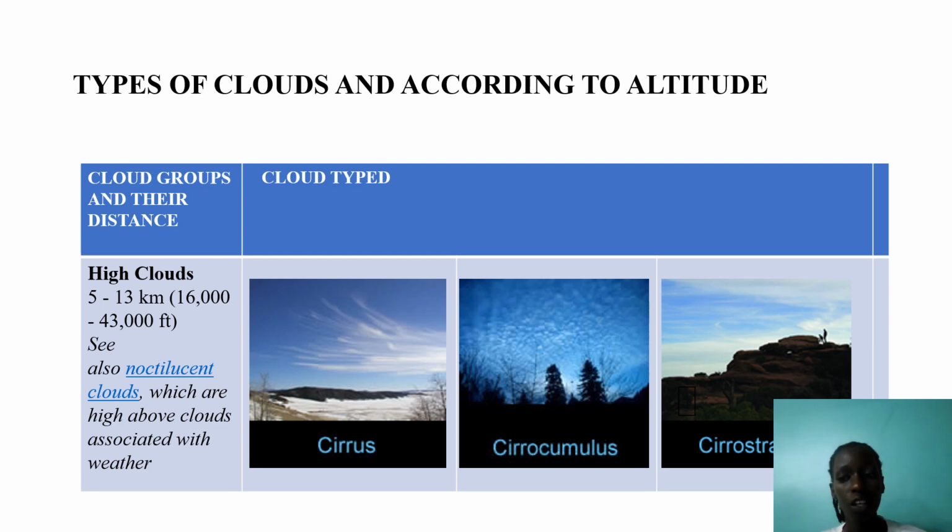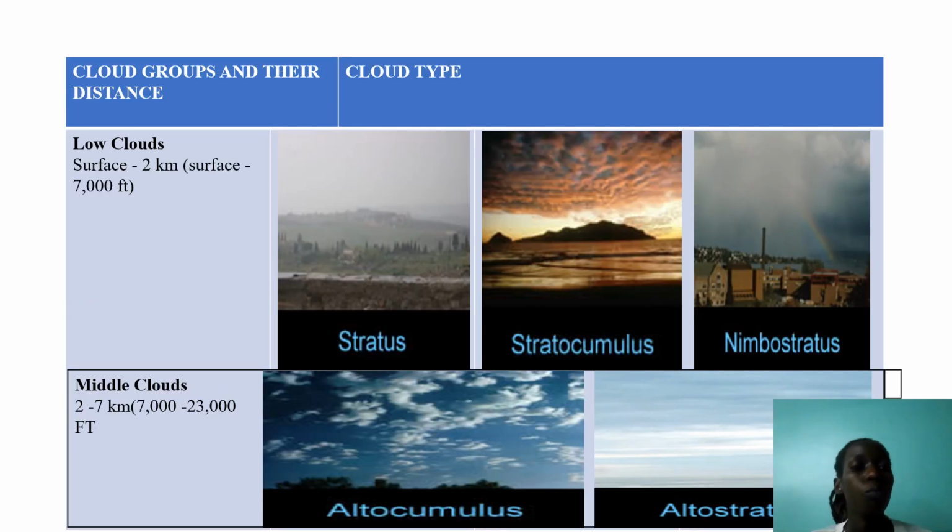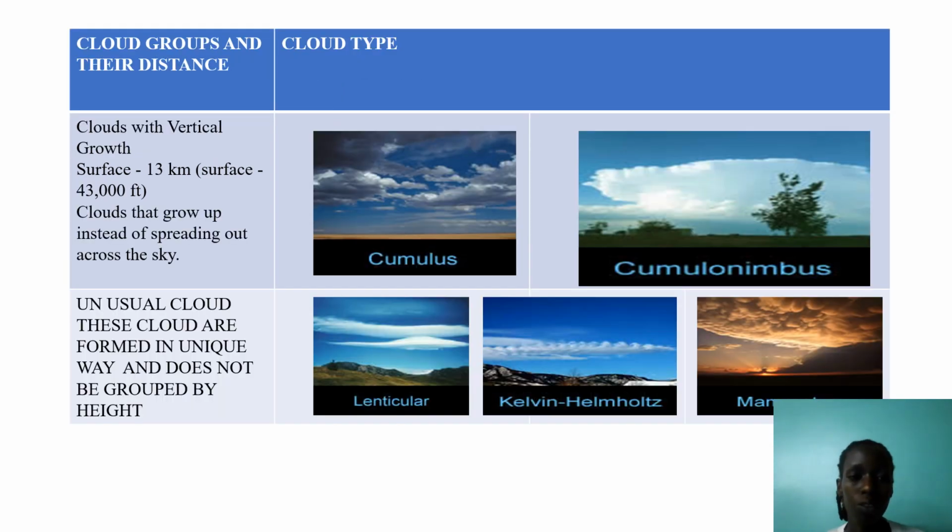The low clouds range from 2 kilometers down to the Earth's surface. They include stratus clouds, stratocumulus clouds, and nimbus clouds. The middle clouds range from 5 to 7 kilometers. They include altocumulus clouds and altostratus clouds.